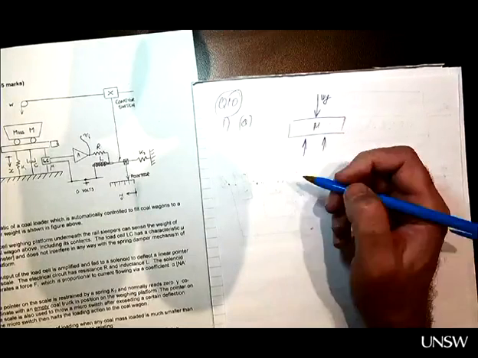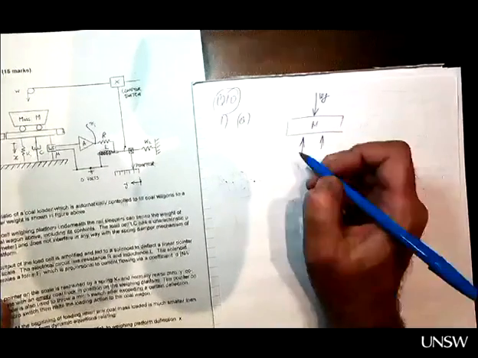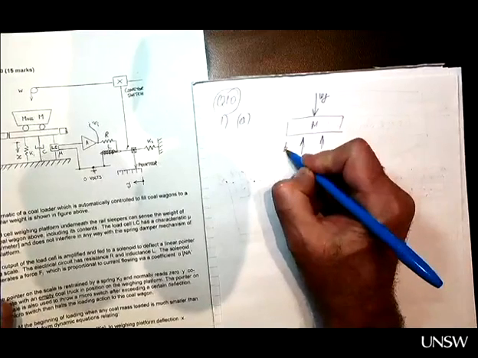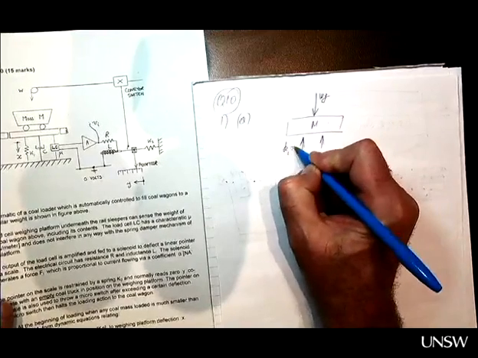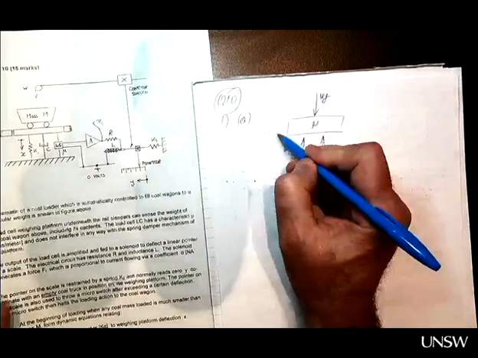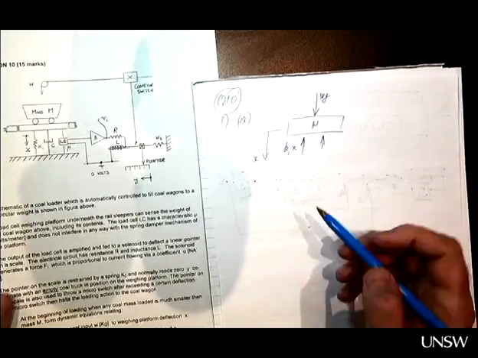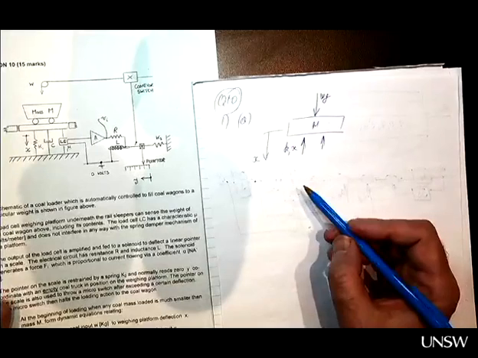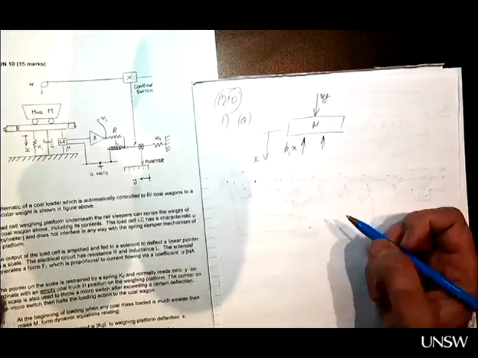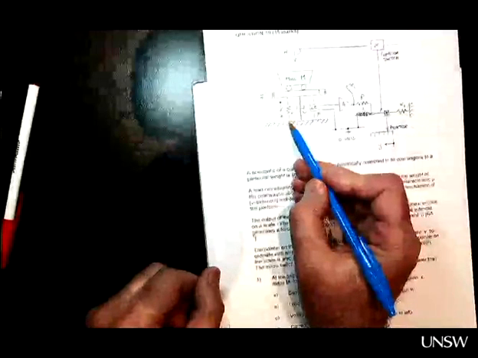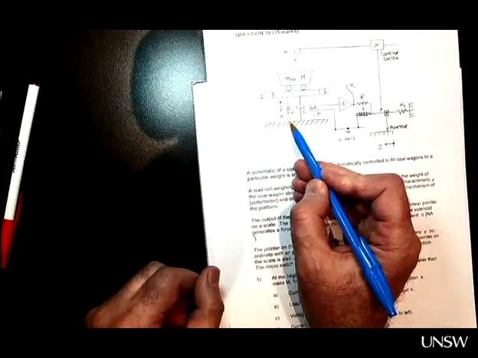The force in the spring is K1x. We said that the displacement of the platform is x. It's K1x, not x minus y or x1 minus x2, because the other end of the spring is fixed. So if you call this displacement y, it will be 0 anyway. So it's just x.